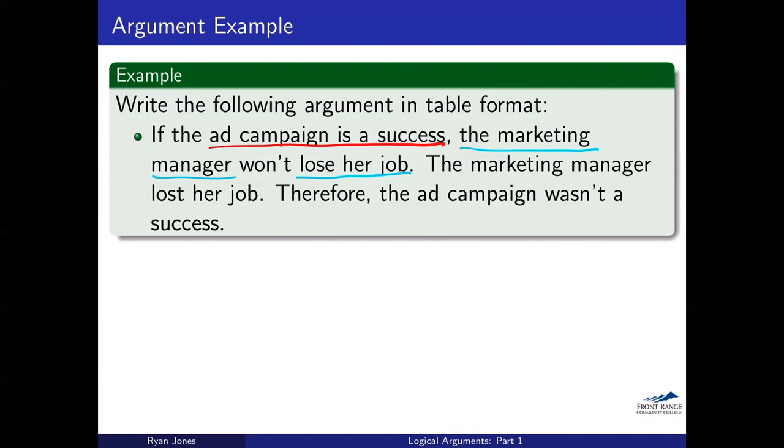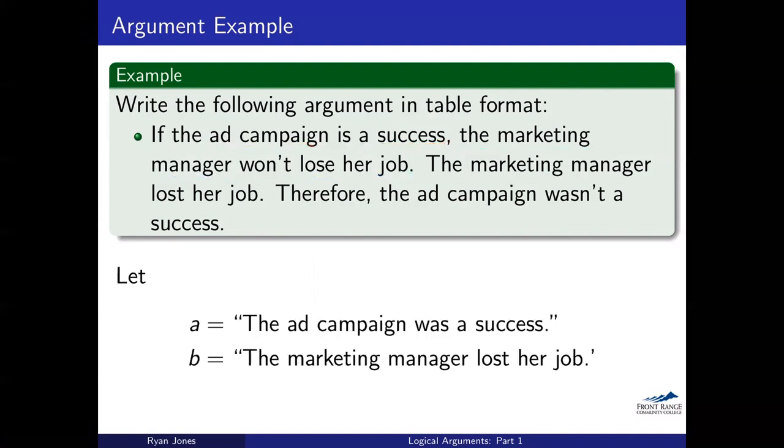Even though up here in the statement it says won't lose her job, the simplest format of that idea is that she lost her job, as opposed to saying she didn't lose her job. So we've got these, A and B. The ad campaign was a success. The marketing manager lost her job.